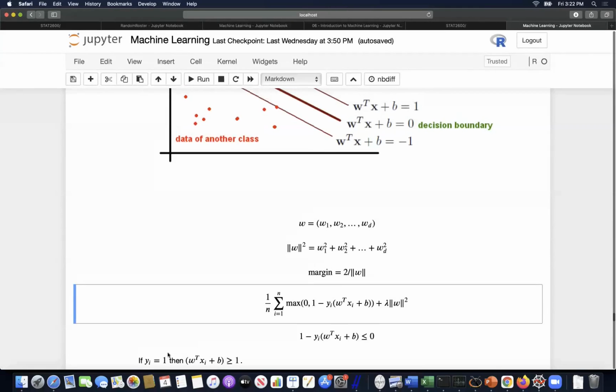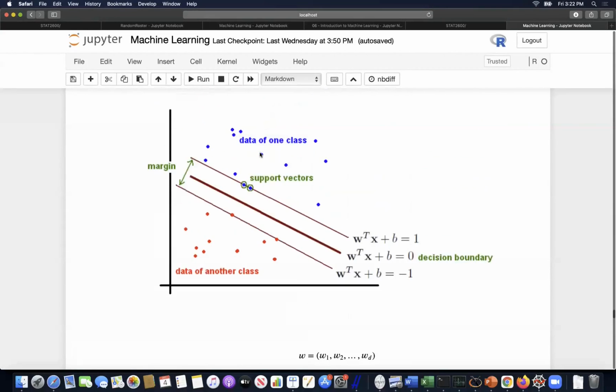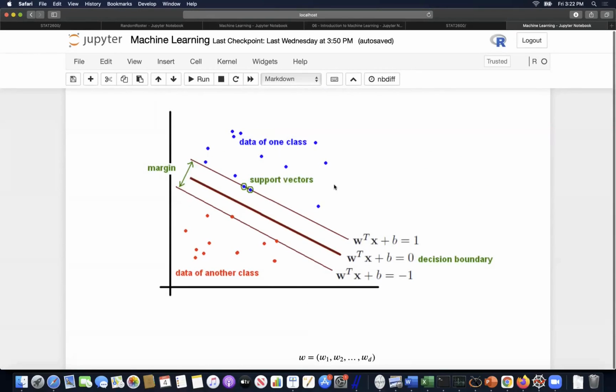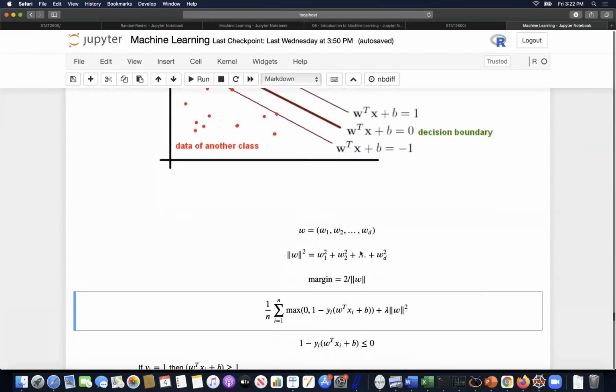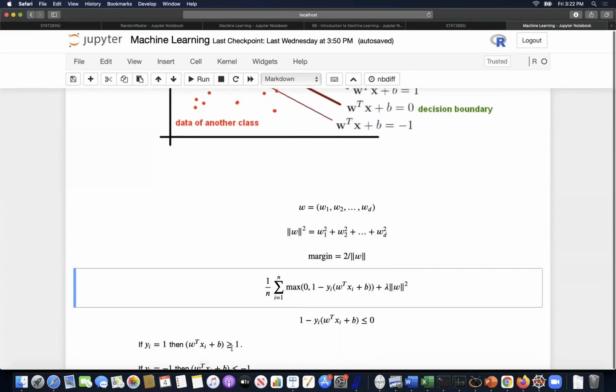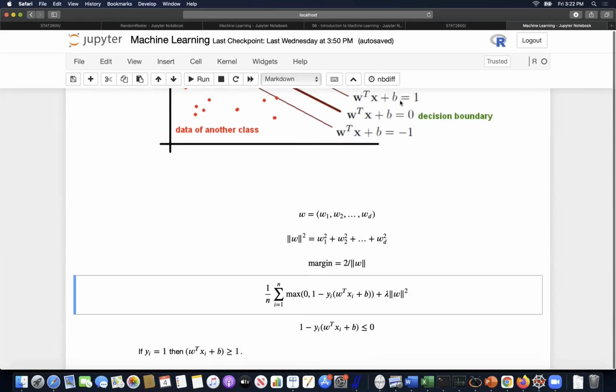If yi is 1, and these are all the blue data, we are going to be happy if they are on the right-hand side of this line. All of these data points on the right-hand side of this line are the ones that are bigger than or equal to 1. This is exactly equal to 1. If it is bigger than or equal to 1, you're to the right of that line, and that's when you're going to be happy. You're classifying your data point correctly.